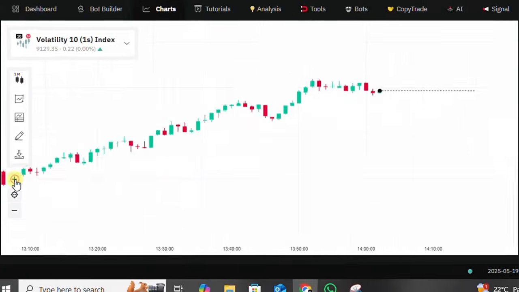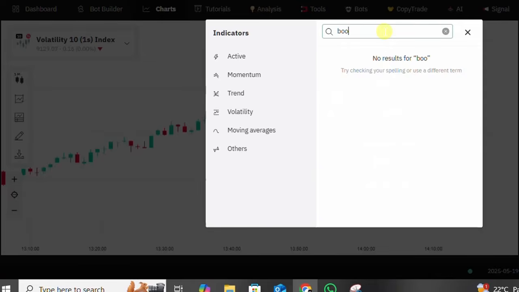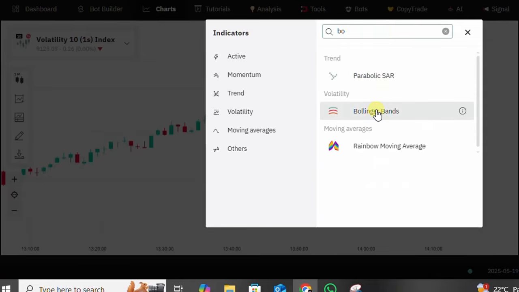And then after that, you need 3 indicators or 2, but let me just pick the 3 of them, but you can work with 2. Let me start with the first one. Is the Bollinger Bands. Sorry, Bollinger Bands, this one.